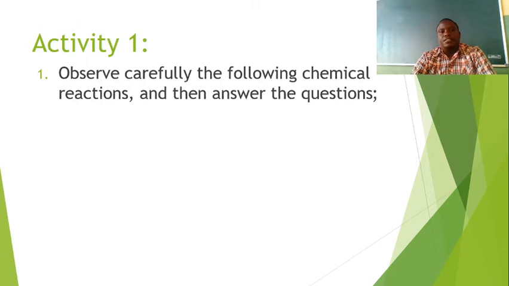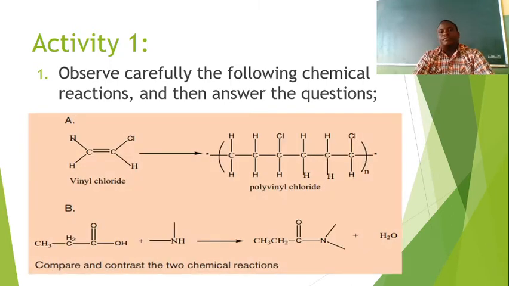In this activity, you observe carefully the following chemical reactions and answer the question. You compare and contrast the two chemical reactions. You will see the similarities and the differences. Have your time of 5 seconds, because time is rushing.